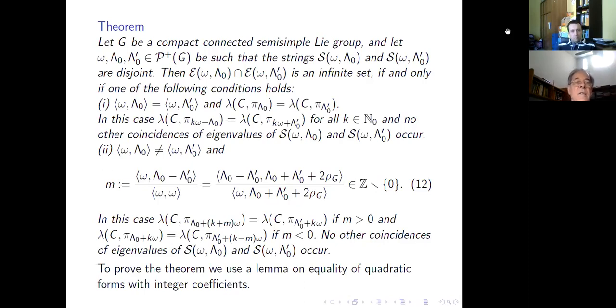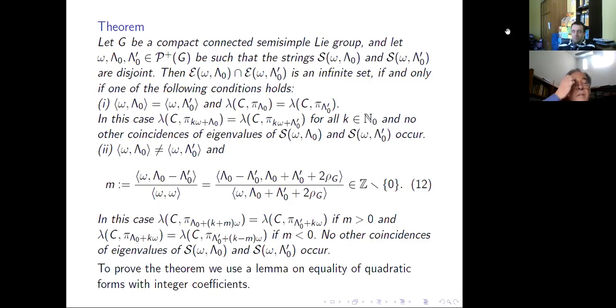In one case, the direction omega lambda naught equals omega lambda prime naught, and the eigenvalues corresponding to pi lambda naught and pi lambda prime naught are the same.